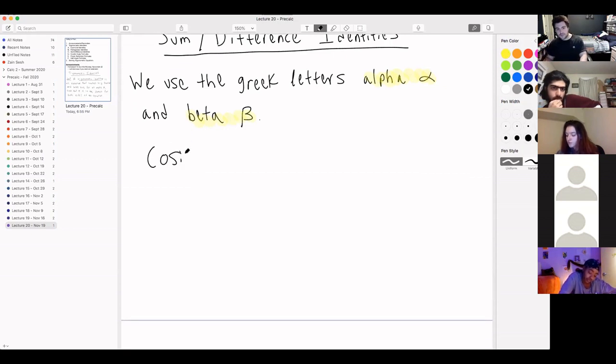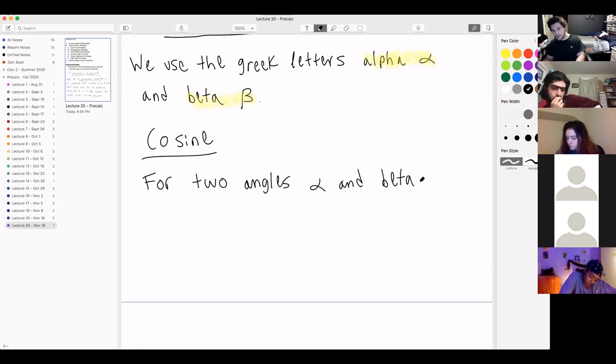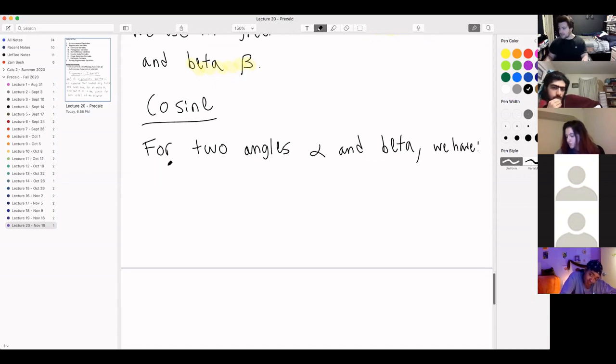So cosine. Here we go. For two angles, alpha and beta, we have the following.